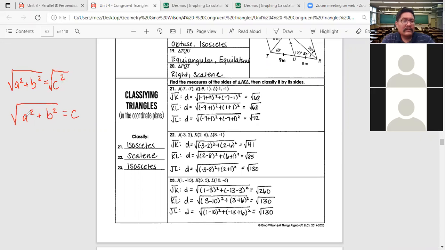And since we're not talking about just side A, because if you remember the triangles here, we can label sides with letters, but in this case we're naming these triangles with points, like J to K, K to L, and L to J.